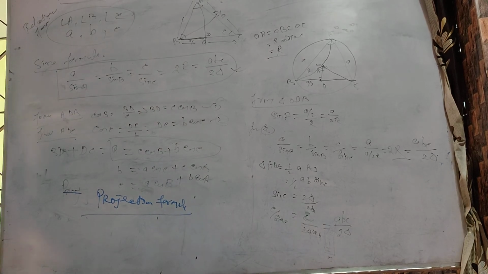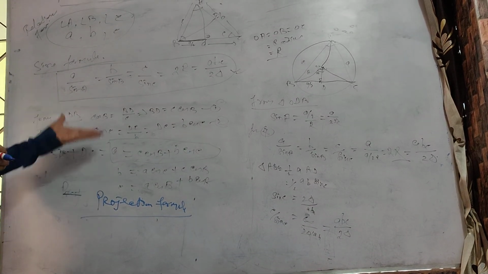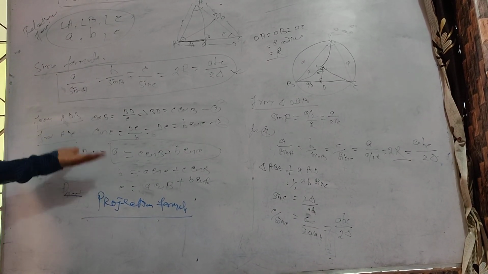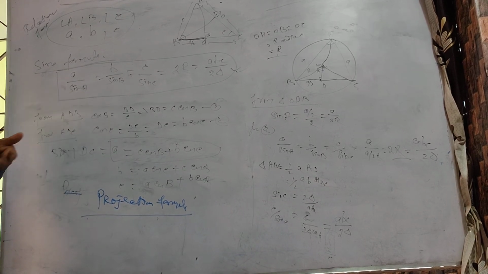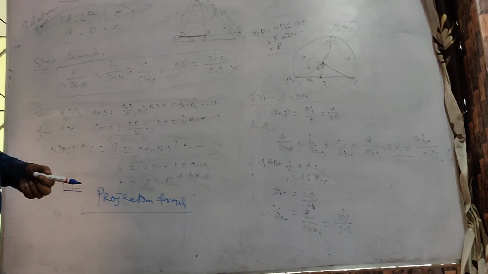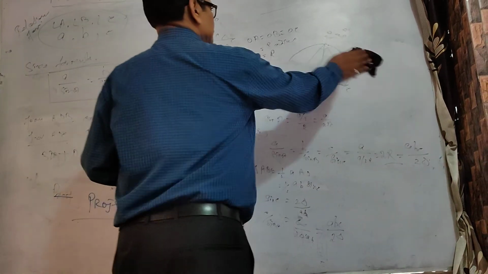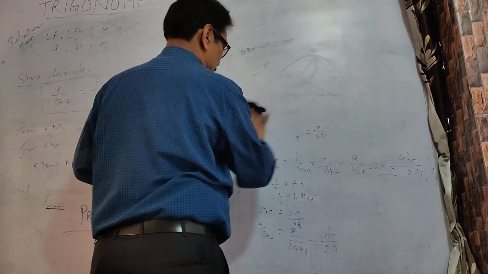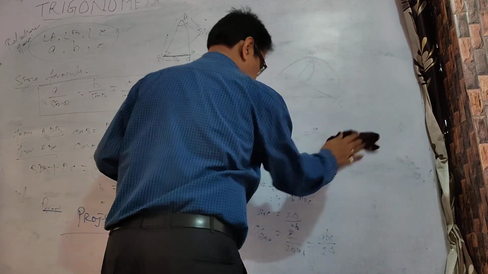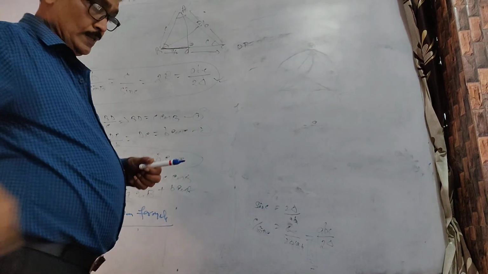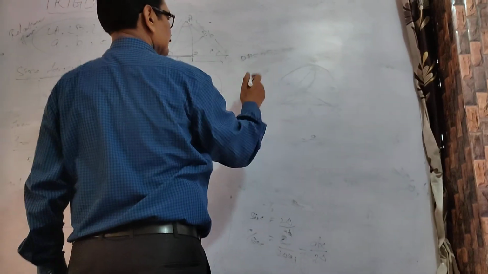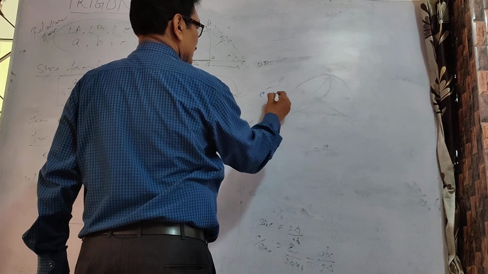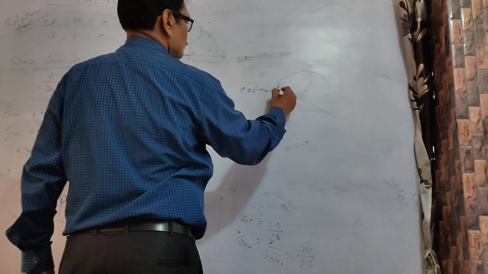So with a triangle, we can have so many results: the sine formula, the projection formula. Also, there is the cosine formula. We can prove this also accordingly.